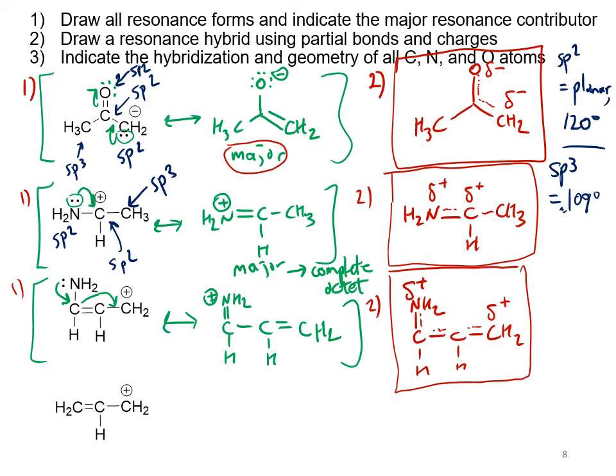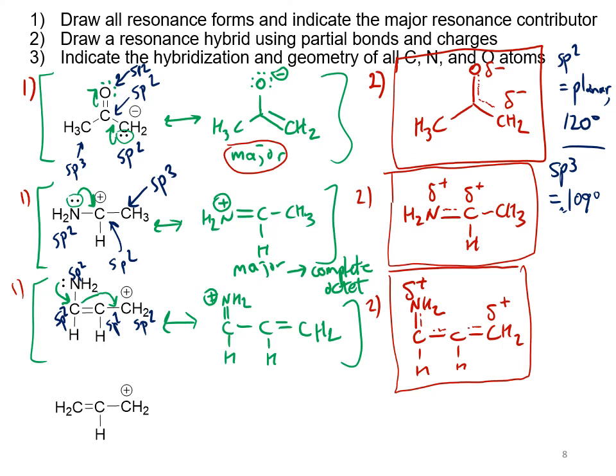And so notice that now the electron density is spread across the entire system. And if we label the hybridization, this is going to be sp2, sp2, sp2, and sp2. So all of those atoms involved in this resonance system are sp2 hybridized and planar.